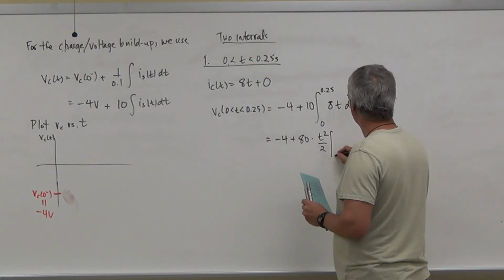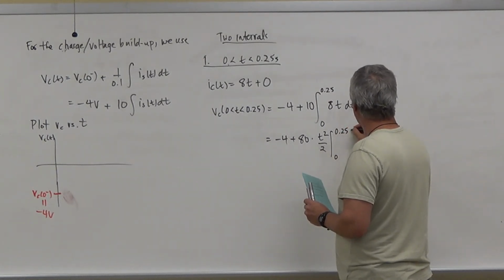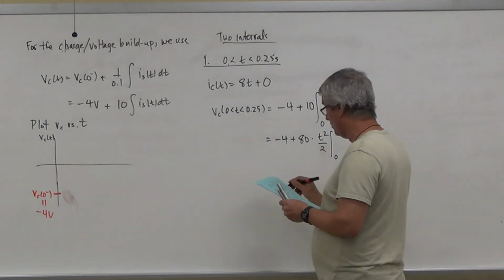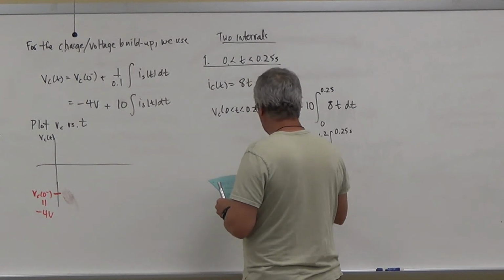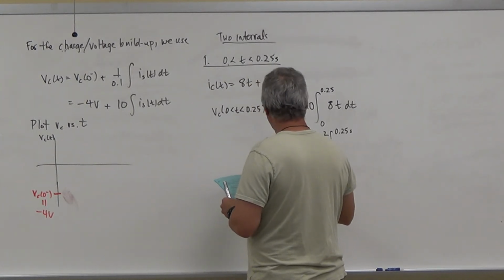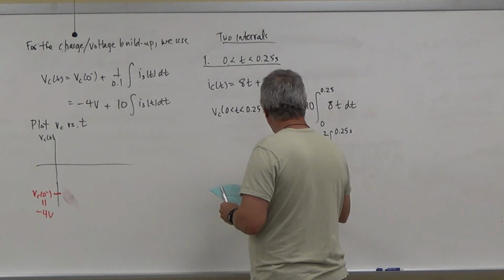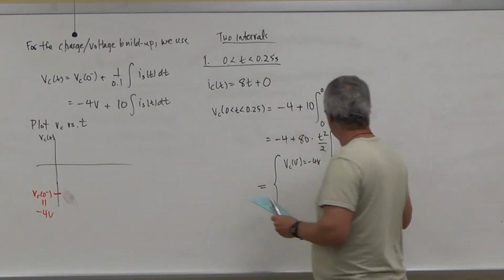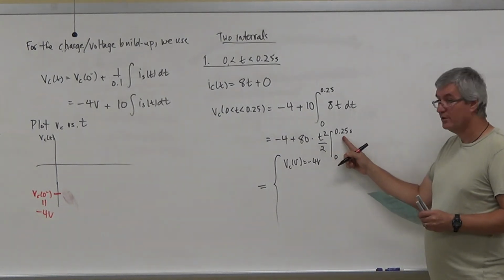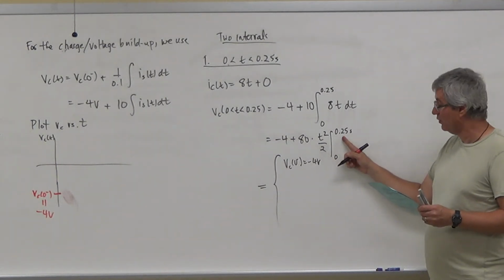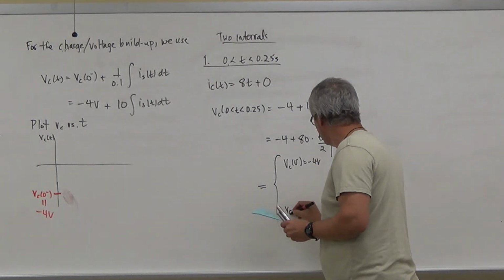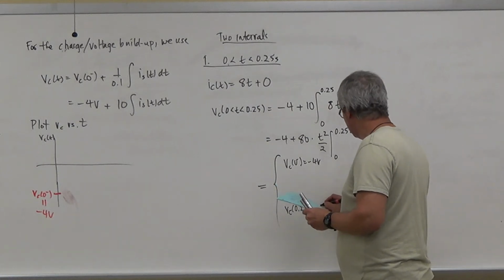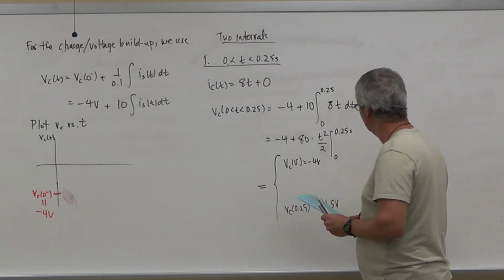If you compute this number, you're going to see that VC at 0 is -4. Now at a quarter, if I plug it in, I'm going to get VC at 0.25 as -1.5 volts.